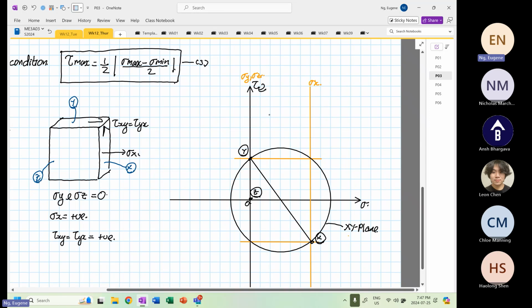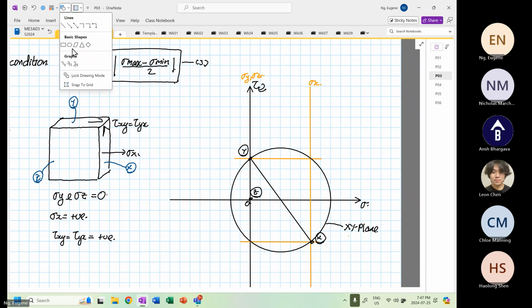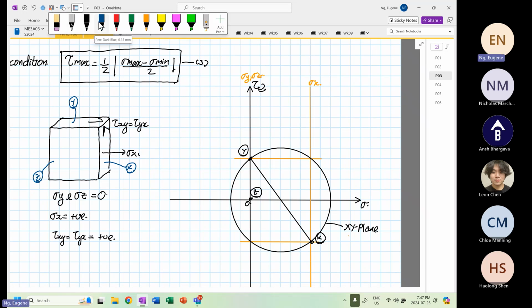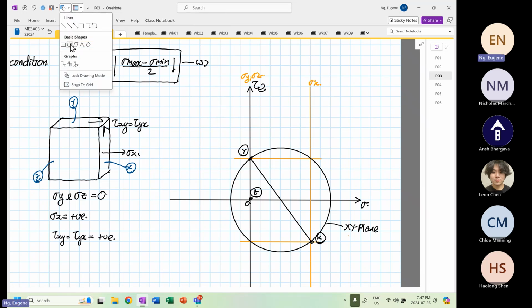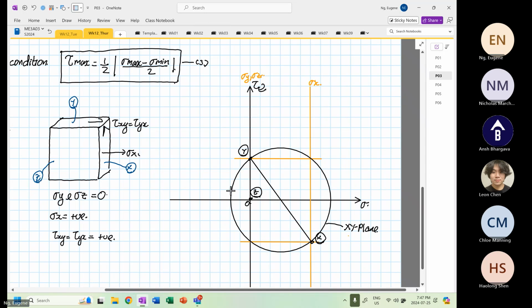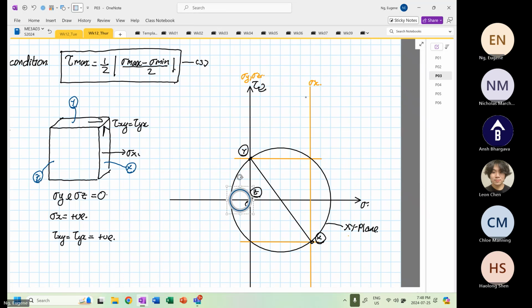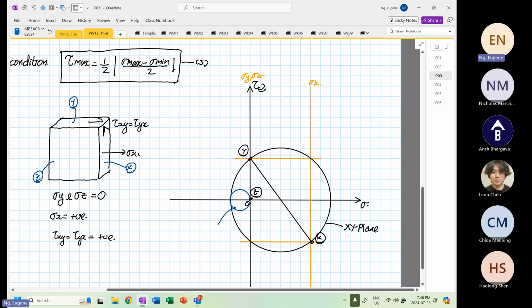And then if I were to draw the other two circles, right, if I were to use a different color to sketch the other two circles, so over here, this belongs to our YZ plane.